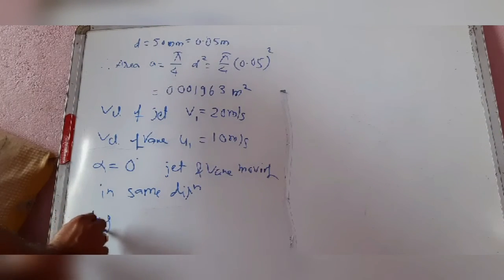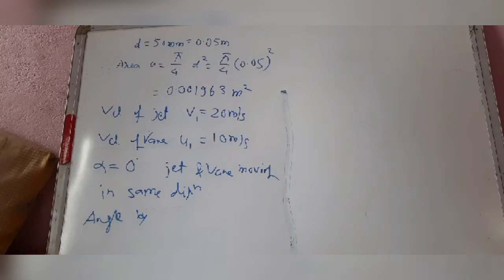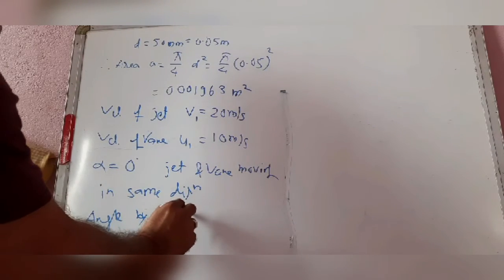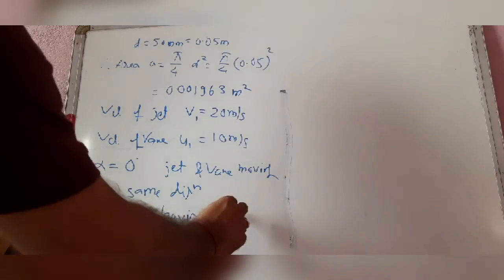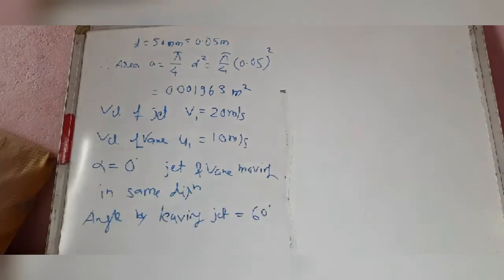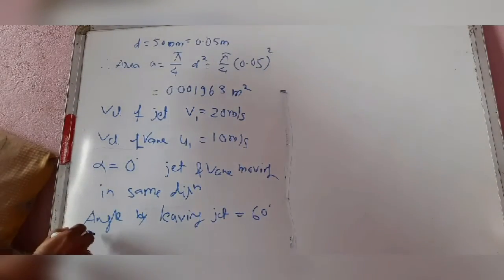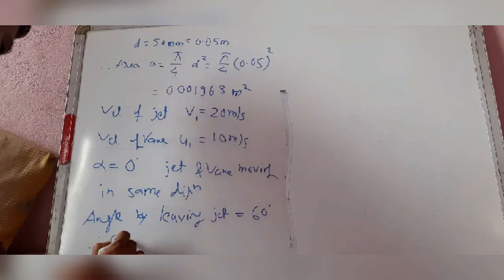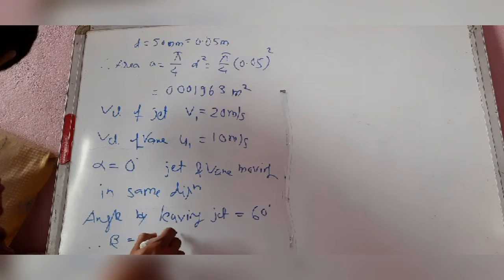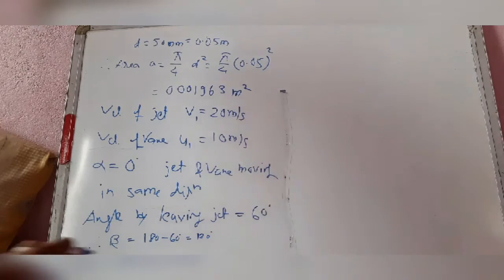The angle of the leaving jet has been given as 60 degree, so beta is equal to 180 minus 60, so this is 120.